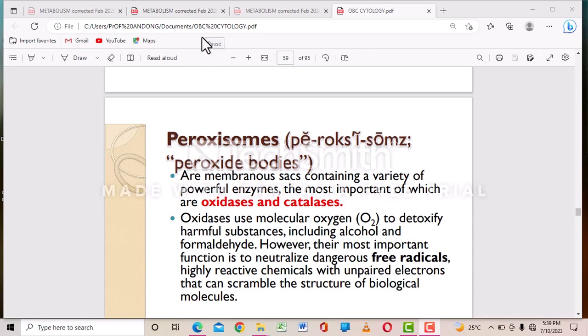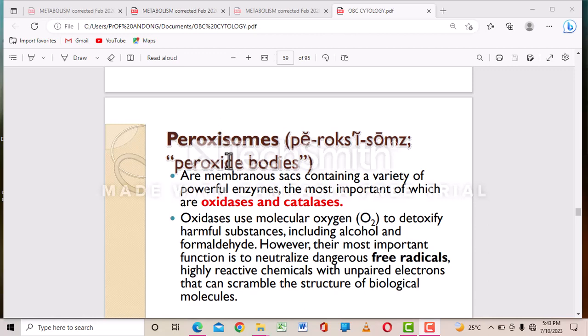Free radicals are very, very reactive species that react with almost all biological molecules within the body, and it's very dangerous.